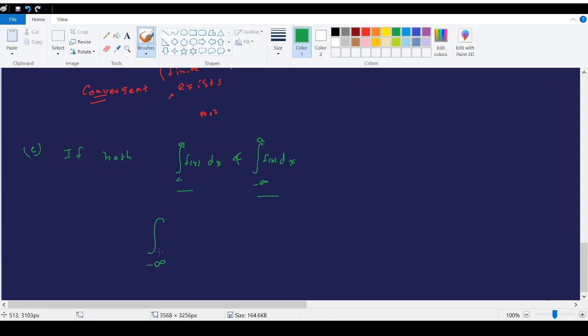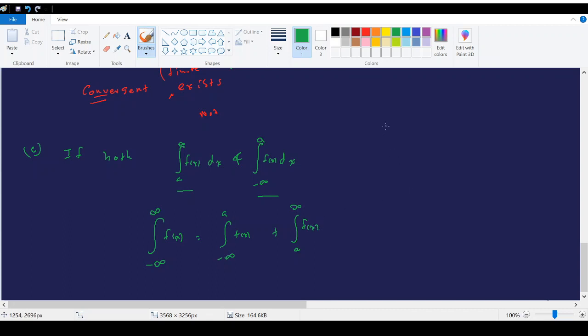this integral. See, now here we have the lower limit and upper limit, like we have infinities in both lower and upper limits. So we consider this one as starting from negative infinity to a of f(x) plus a to infinity of f(x), right?